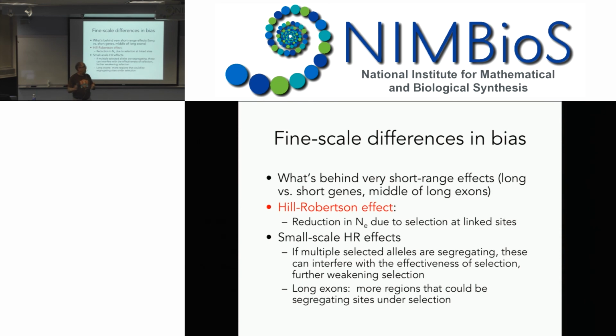Now, whether it's neutral enough to shift things is unclear, but the bottom line is these Hill-Robertson effects can be quite important over small scales in the genome. So when people are analyzing genome sequences from a population genetic standpoint, they almost always have Hill-Robertson in the back of their mind, which is quite ironic for a paper in the 60s on animal breeding to have such an impact on how genomes are analyzed today.